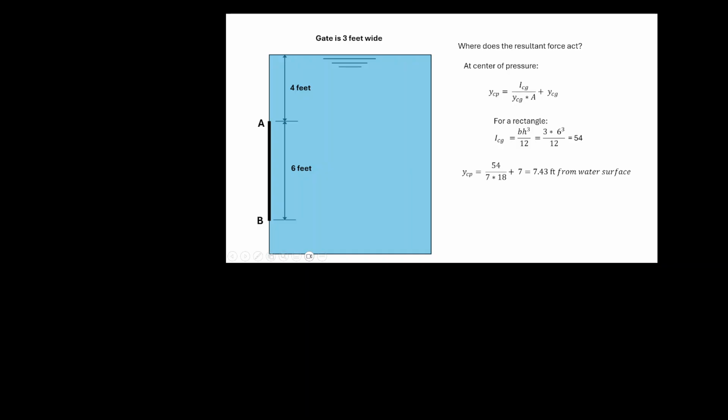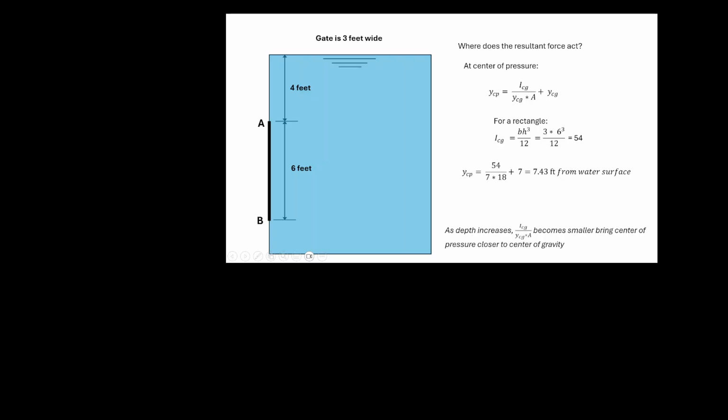And you get 7.43 feet from the water surface. So the center of pressure is at 7.43 feet of depth. The center of gravity was at 7 feet of depth. So the center of pressure is about 0.43 feet below the center of gravity.